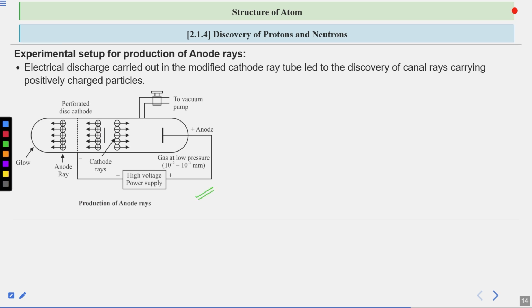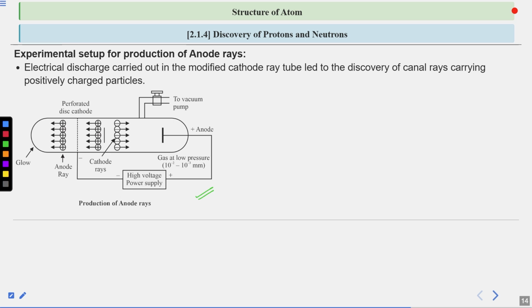This was the experimental setup for anode rays. Now, what is the change that we have done? Students, we have not changed that much in the experiment. The experiment is almost the same. But what is happening in the reaction is something which we will discuss.